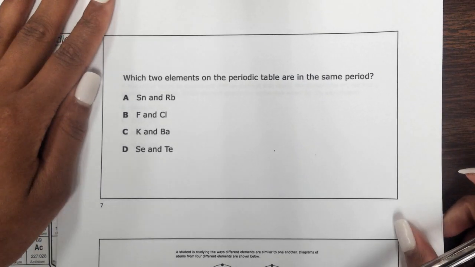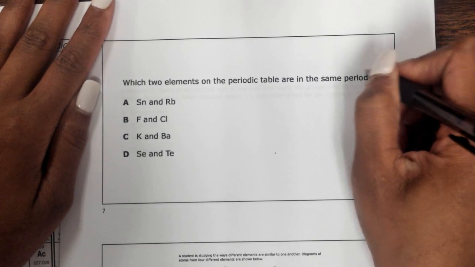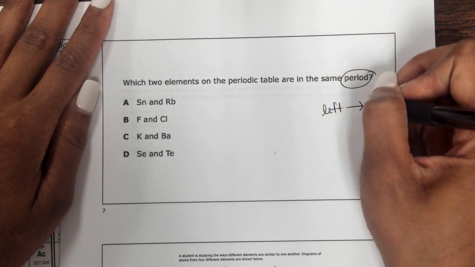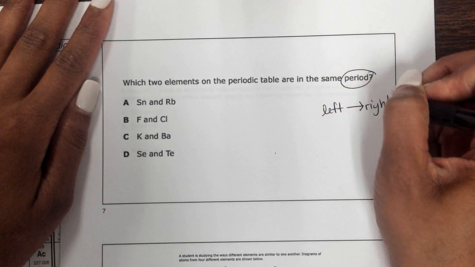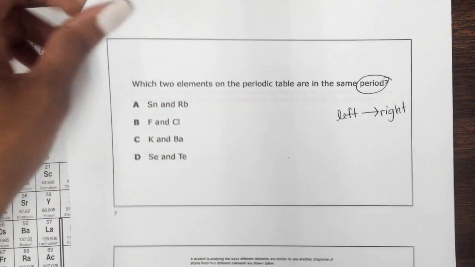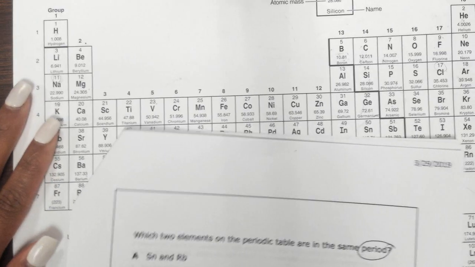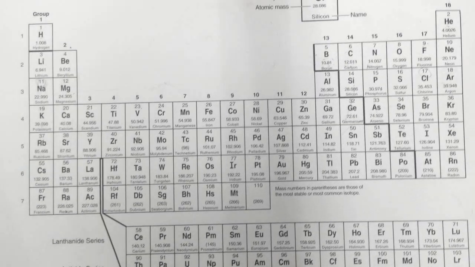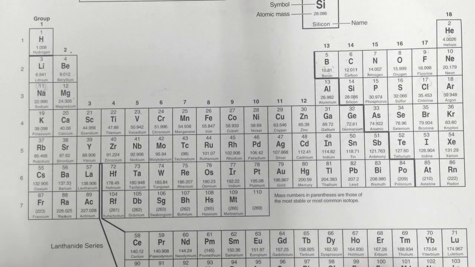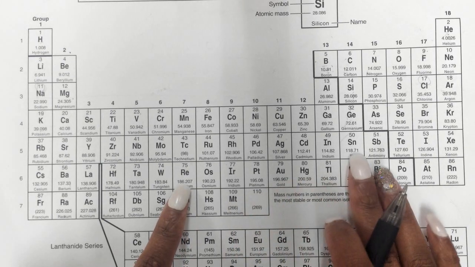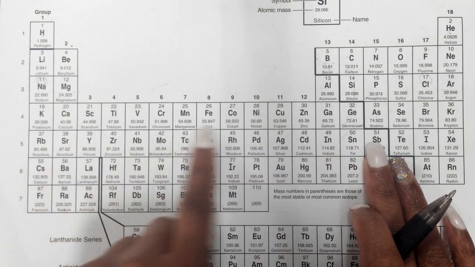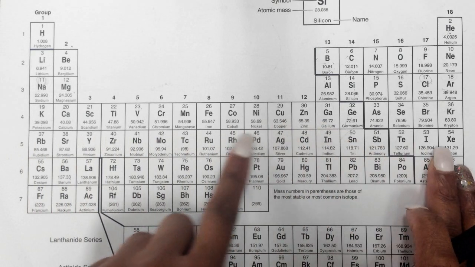Which 2 elements on the periodic table are in the same period? That again is left to right. All right, let's take a look. We have Sn and Rb. So let's find Sn and Rb. Okay, here they are, 50 and 51, and they are both in period 5.